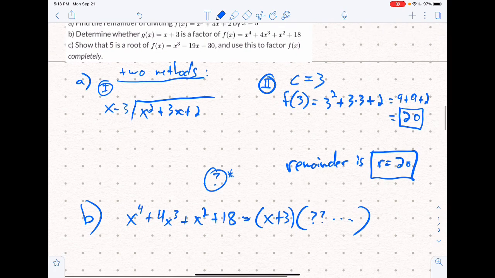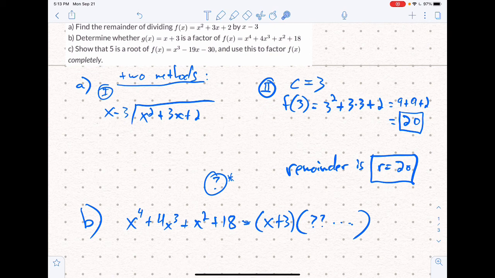We are considering x plus 3, and so c, in this case, is equal to negative 3. If you look at x plus 3 in the form x minus something, it has to be x minus negative 3. Another way to say it is that the number c always has the opposite sign of the number at the end here. So c is negative 3.